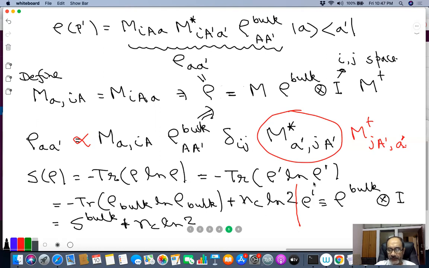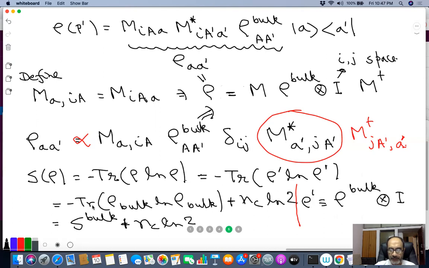If you have a product Hilbert space, and the density matrix is given by the product of two density matrices, one in the first Hilbert space, the other in the second Hilbert space, then the computation is as if you are computing the entanglement entropy of this plus the entanglement entropy of this.